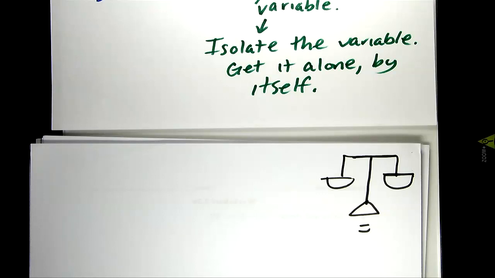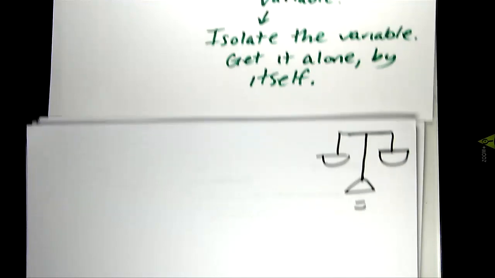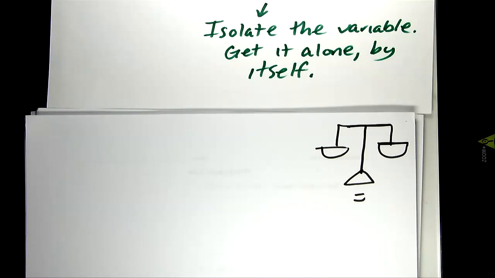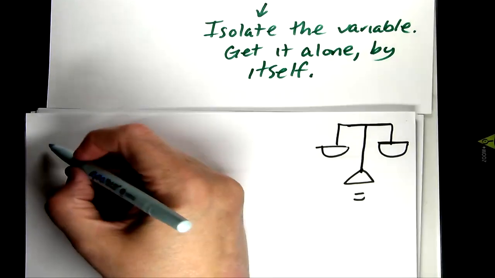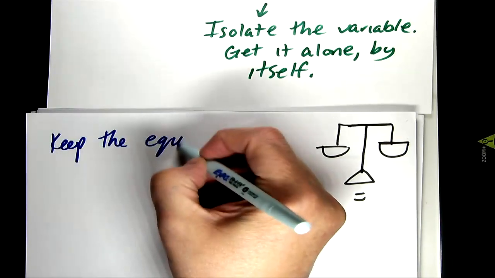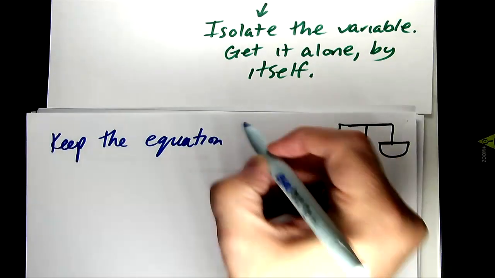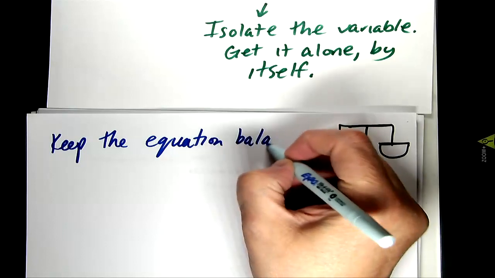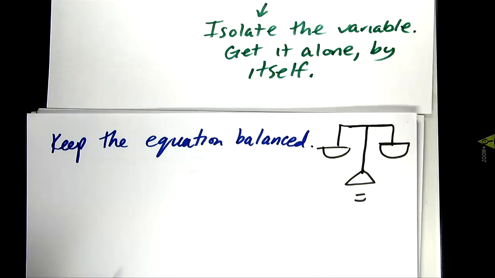The Statue of Justice has these. Every courthouse has this holding it up. Scales of justice. The idea is we have to keep the equation balanced. That is the top priority. Just like the scales are supposed to stay balanced, keep the equation balanced.